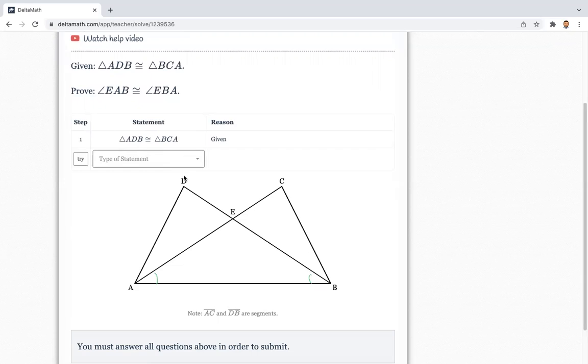If I were able to show that triangle AEB here is isosceles, I would be able to use the base angles theorem. So that might be something to do. To show that's isosceles, I might need to prove that this is congruent to this, which I think I have enough information to do.